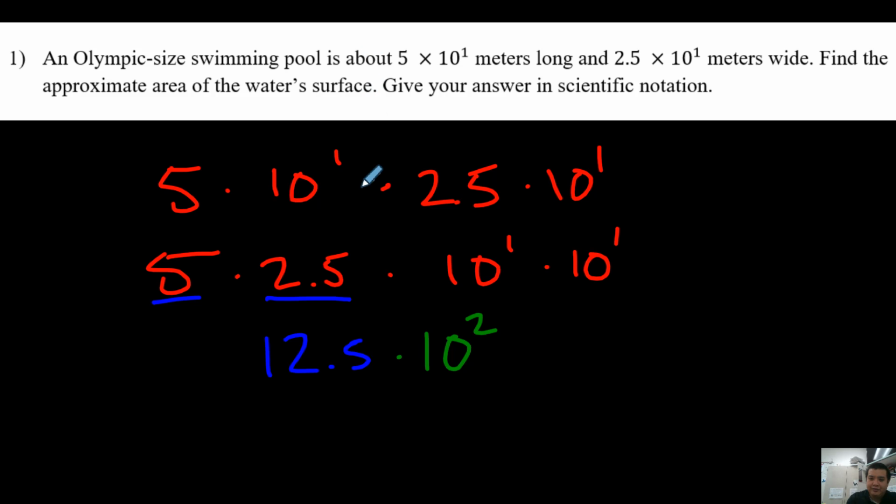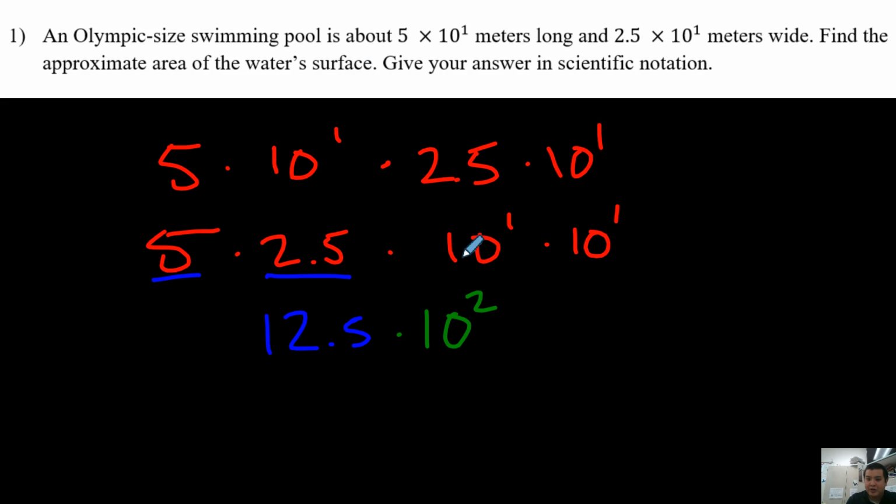Finally, what we're going to do now is rewrite this in scientific notation. This is too big by 10, so we need to move it back once, which means we are going to divide our coefficient by 10, and we're going to multiply our base 10 factor by 10.